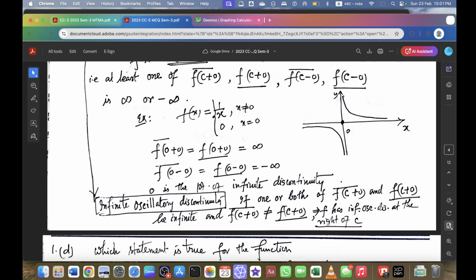Similarly, we can define infinite oscillatory discontinuity at the left of the point c: at least one of c minus 0 upper bar and c minus 0 lower bar is infinite, and they are not equal. Then f has infinite oscillatory discontinuity at the left of the point c.